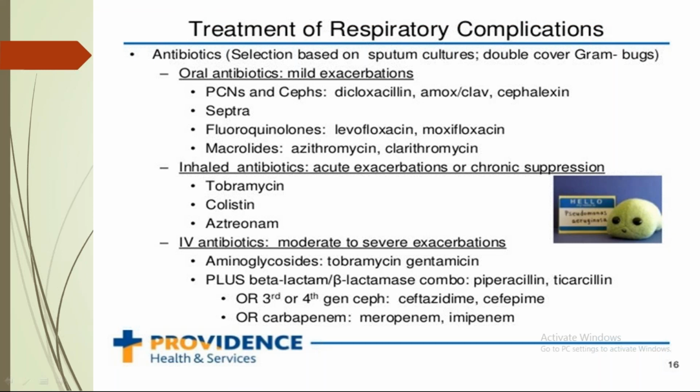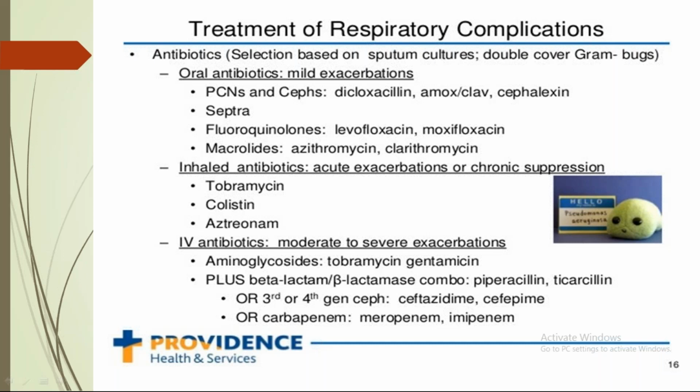We can also go for fluoroquinolones like levofloxacin and moxifloxacin. Coming to the macrolides, azithromycin and clarithromycin. For mild exacerbations, we can go for oral treatment with penicillin, cephalosporins, fluoroquinolones, or macrolides. For acute exacerbations or chronic suppression, we'll go for inhaled antibiotics like tobramycin, colistin, aztreonam.